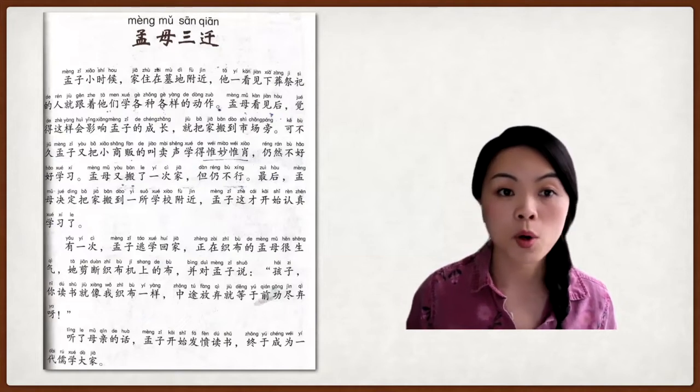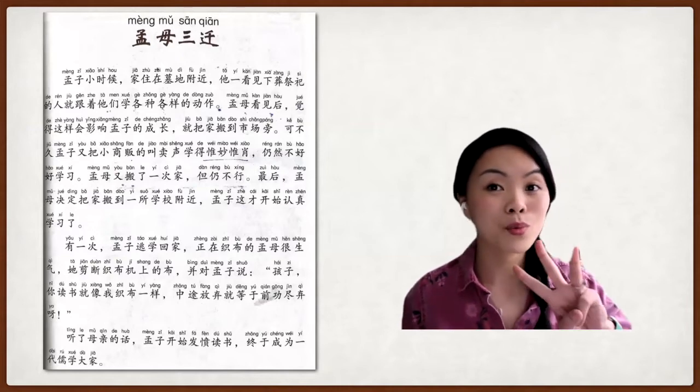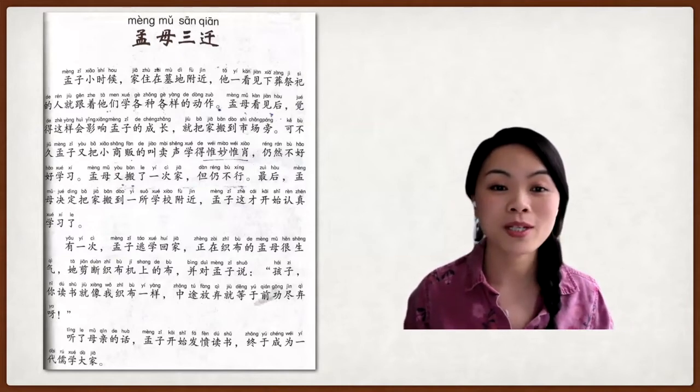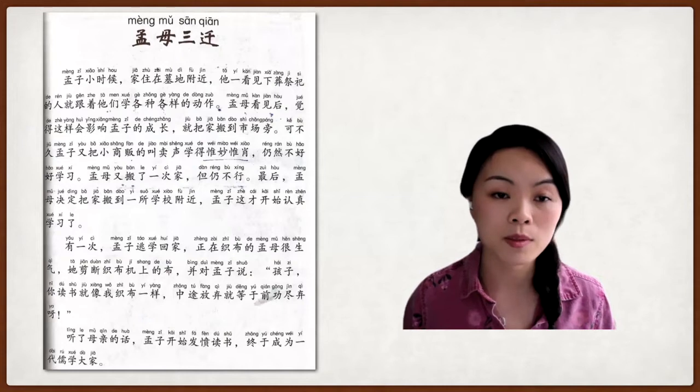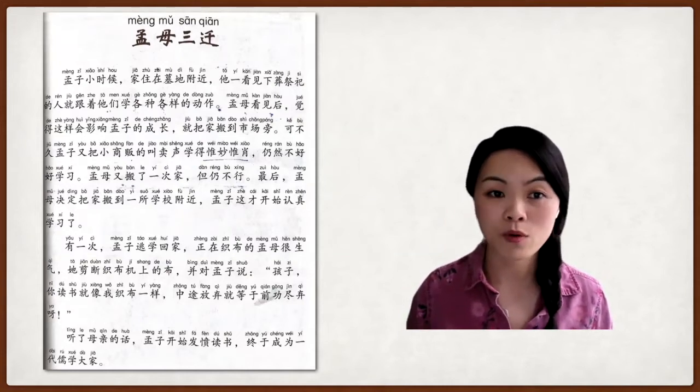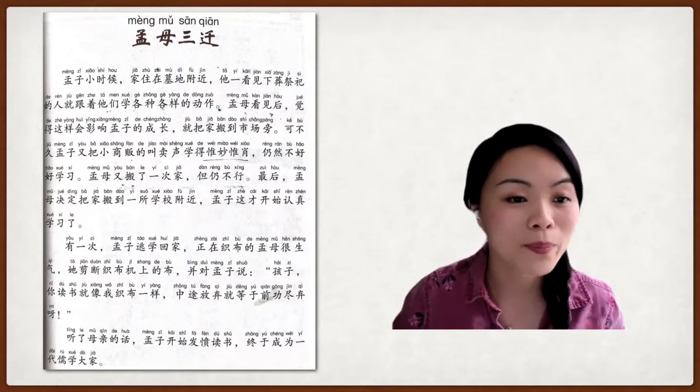We just learned 孟母 is the mother of Mencius. 三千. 三 means number 3, right? 千 means to move. So the mother of Mencius moved 3 times. And why did she move 3 times? Let's read the first paragraph.